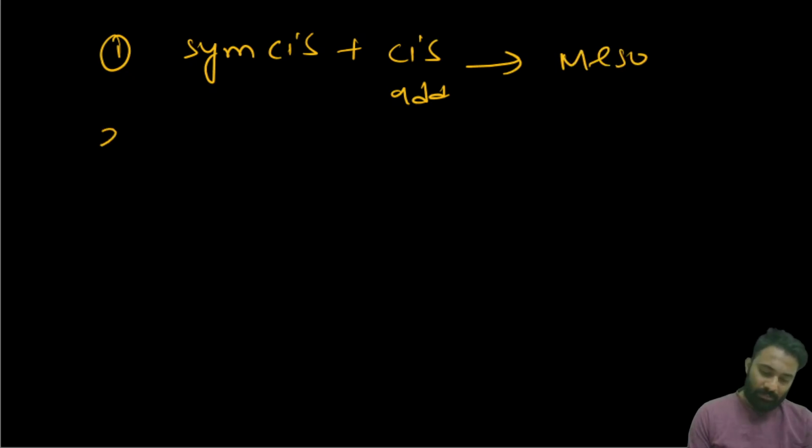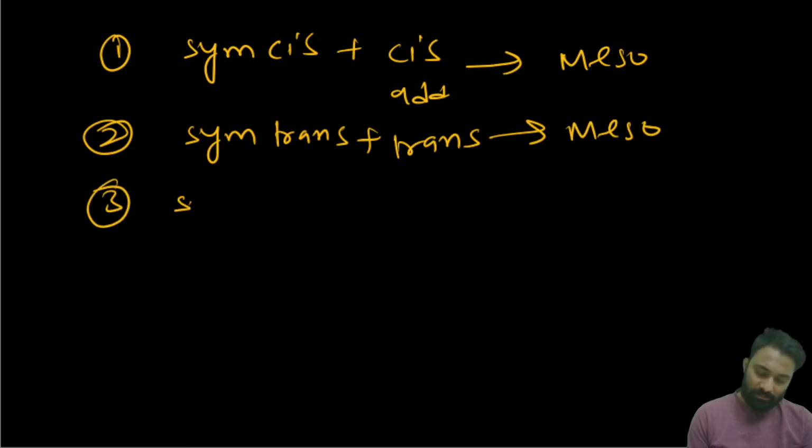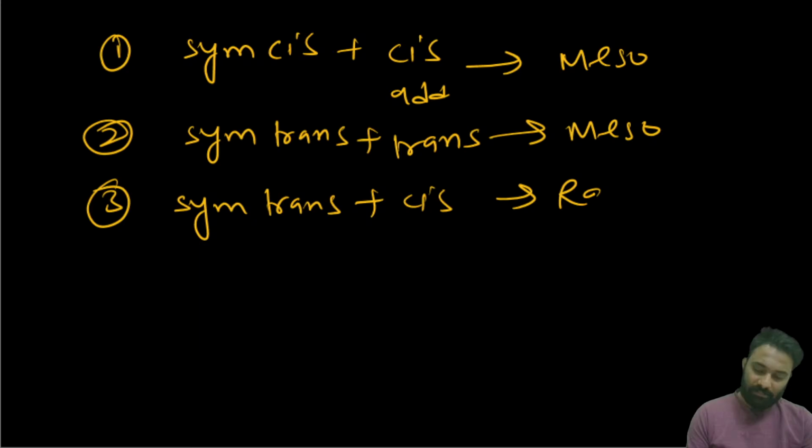Then second, symmetrical trans plus trans gives meso. Done. Third, symmetrical trans plus cis will give racemic. Clear?